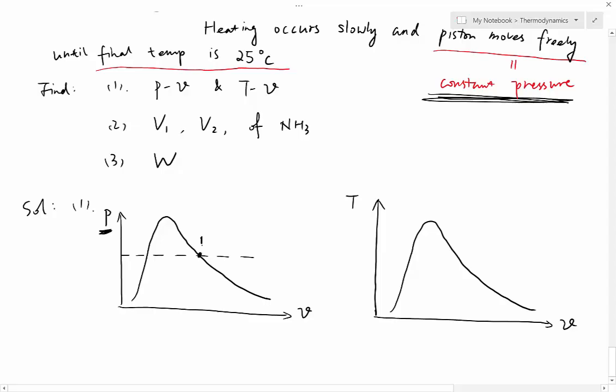That's my point 1, and it's also point G. It satisfies the two requirements: the first, along the dashed line; the second, on the right half of the vapor dome, meaning it's saturated vapor.